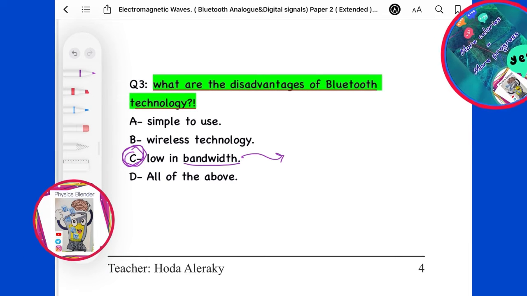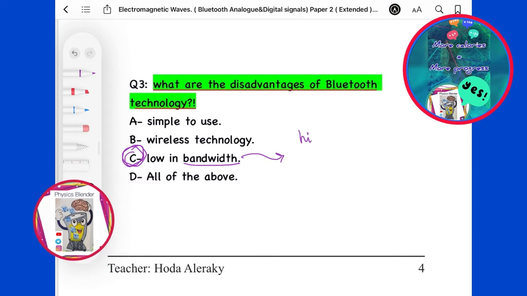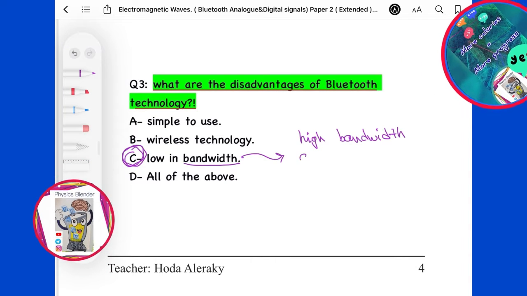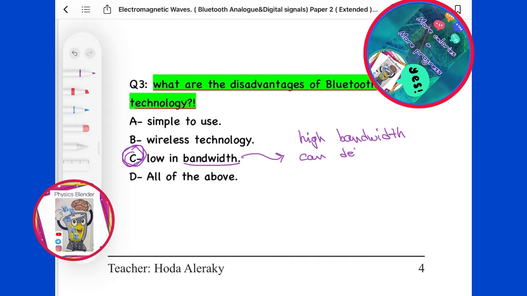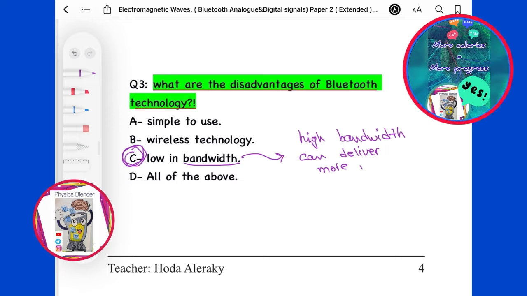So you can imagine that it's one of the disadvantages of Bluetooth technology. Okay, so bandwidth, if we have high bandwidth, it means it can deliver more information.